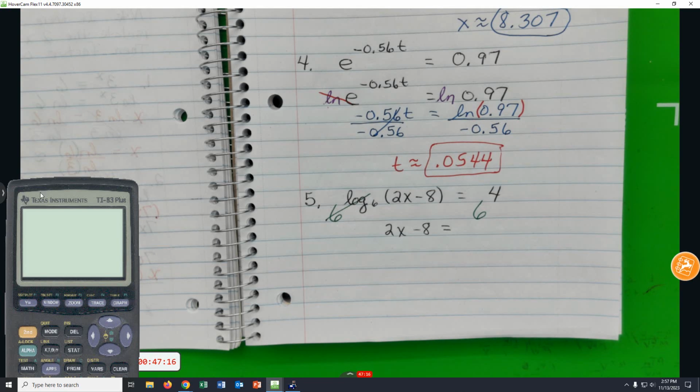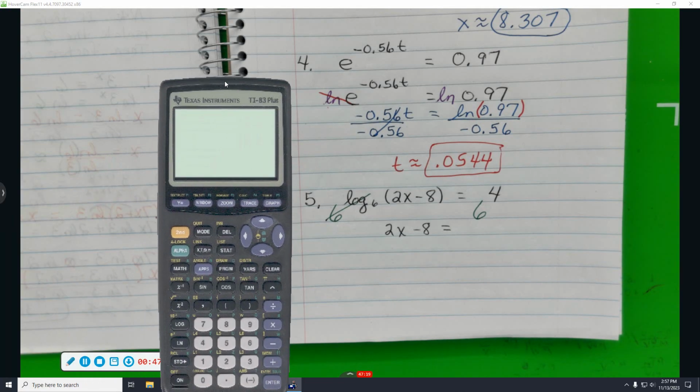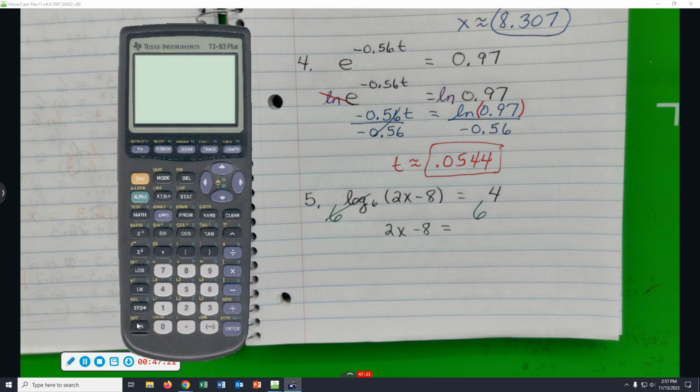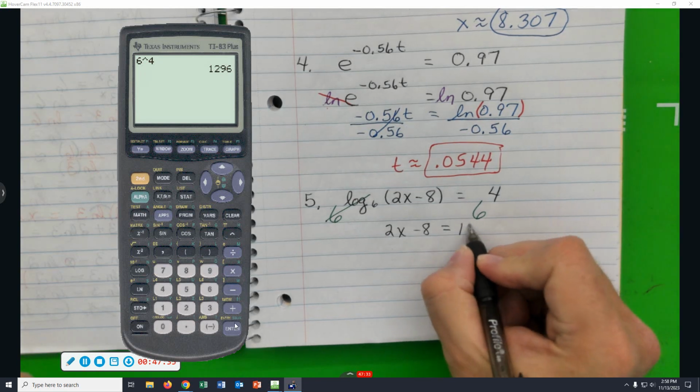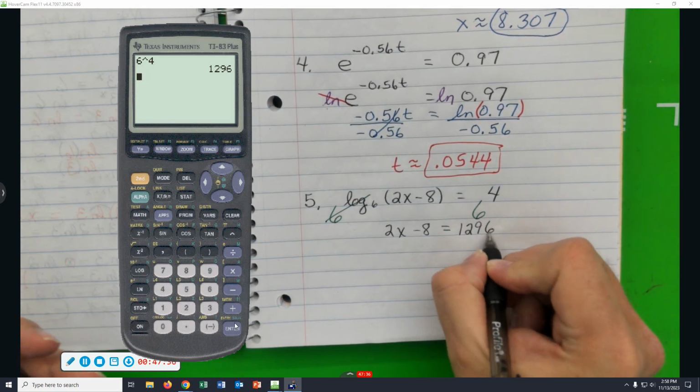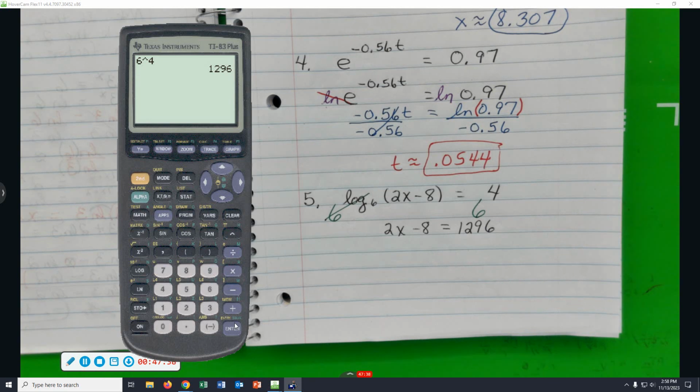And don't say 24. On the right, that 6 is now the base raised to the 4th power. 6 to the 4th is 1296.